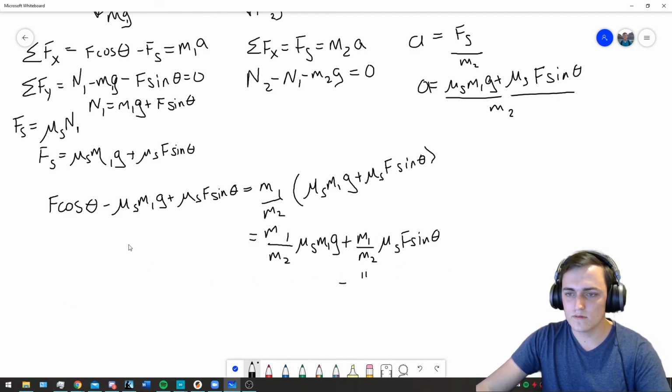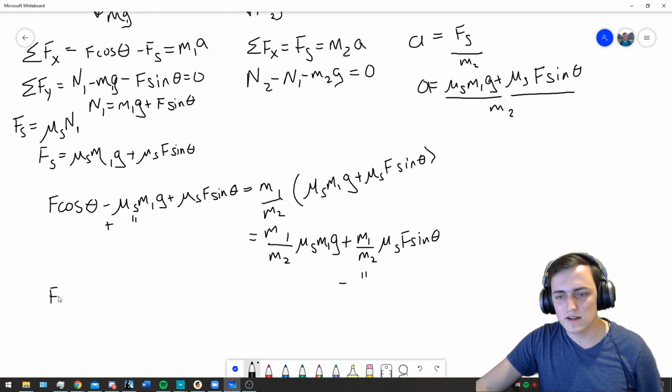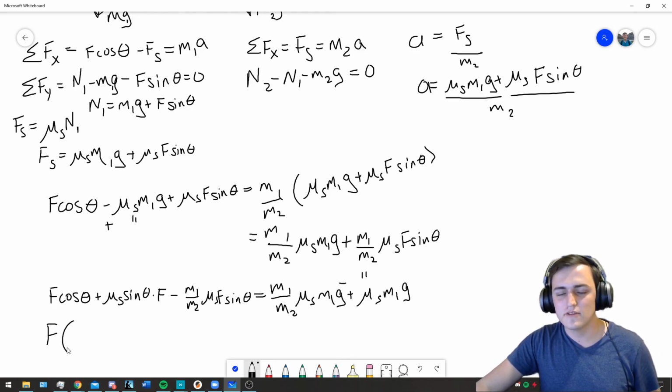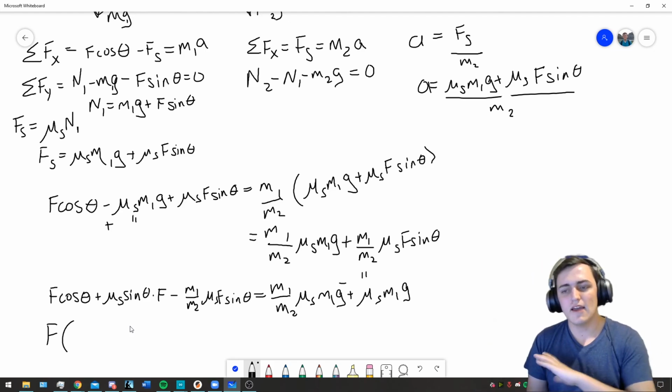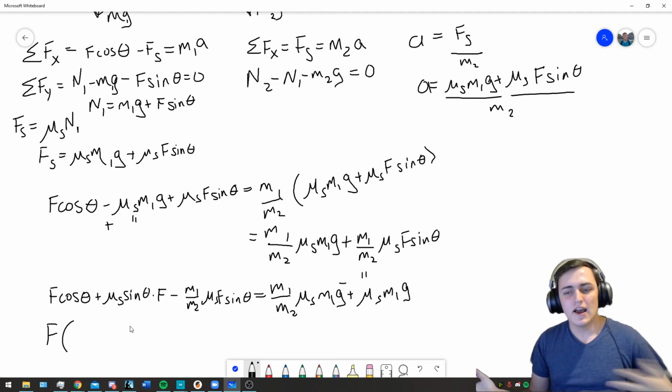So we will add this term to both sides, just moving two terms around, and we're going to go ahead and rewrite this whole expression. And so moving those terms around a little bit, we get to here, and of course we factor out the f. Whenever you're trying to get f equals, and f is buried in multiple terms, like we have f in 3 different terms, how do we get it out?